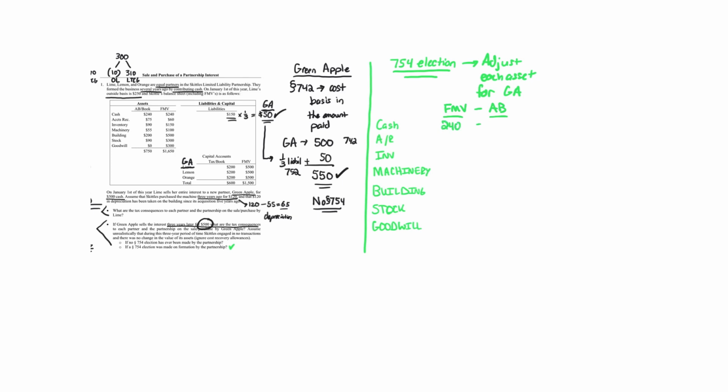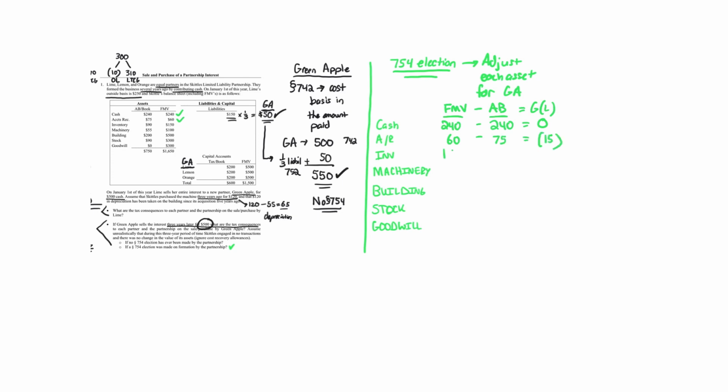We take the fair market values minus the adjusted basis, and we get the gain or loss amount. So, of course, cash is not going to have gain or loss. Accounts receivable, we have 60 minus 75, my apologies there. So we're just taking these numbers given to us. 60 minus 75 gives us a $15 loss.